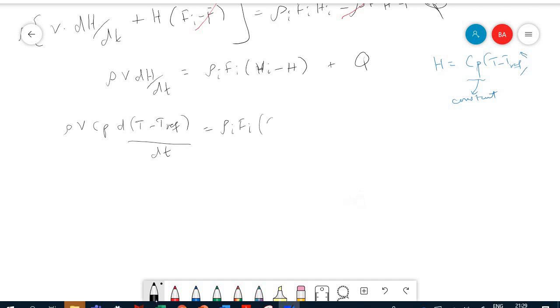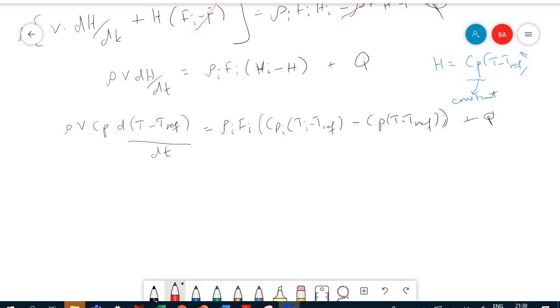We will substitute here Cpi into Ti minus T reference minus Cp into T minus T reference, close the brackets, and then this is plus Q.